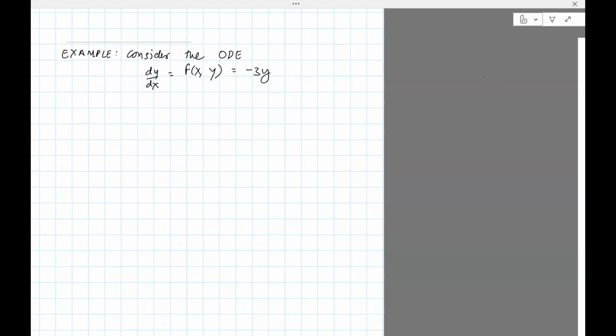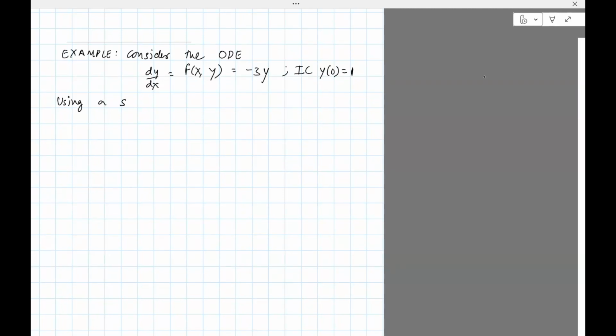This is not a function of x, but in general you can expect it to be a function of x and y. The initial condition is y0 equals 1.